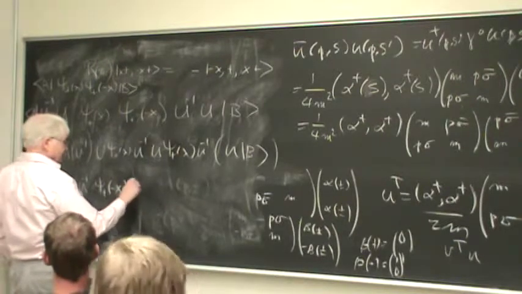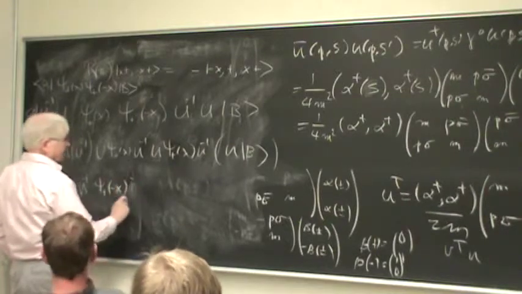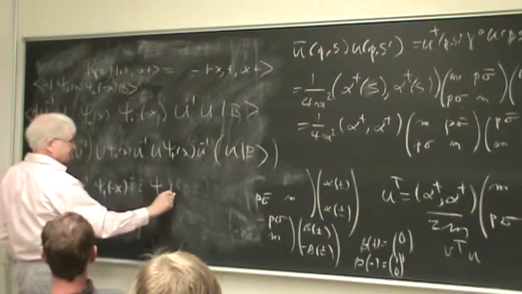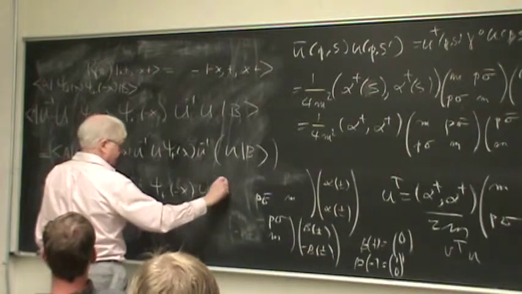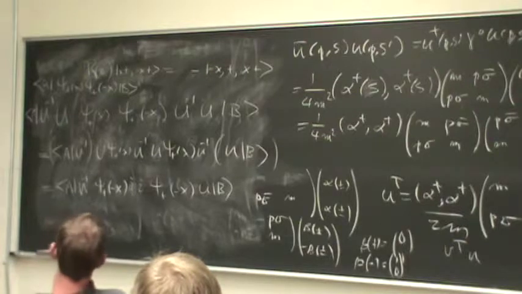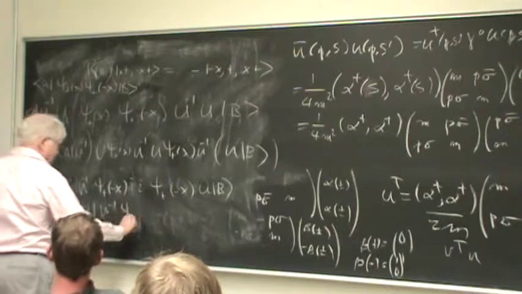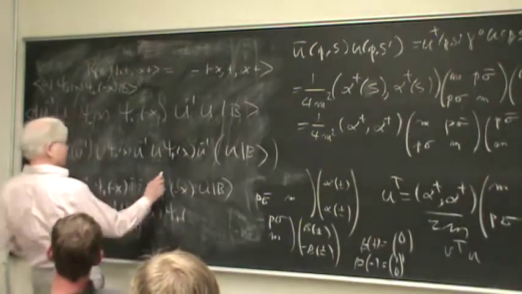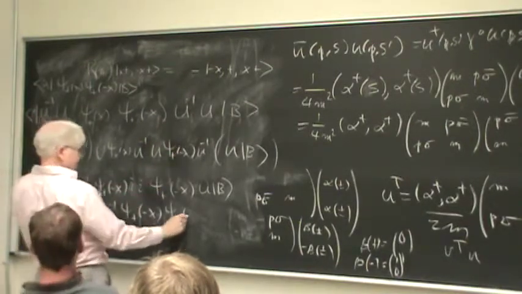This is in fact just an i, and from here that'll be again an i, and we'll have psi plus of minus x. So this is equal to minus A u inverse psi plus of minus x, psi plus of x, B. Minus x, this is plus x.